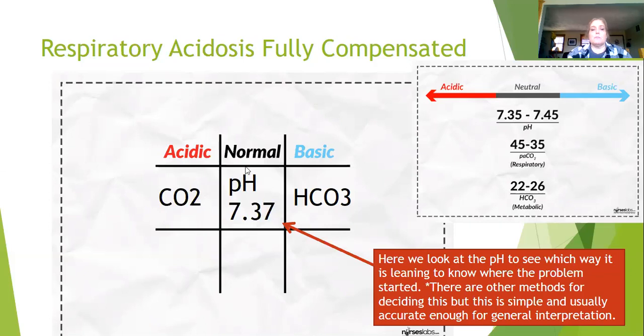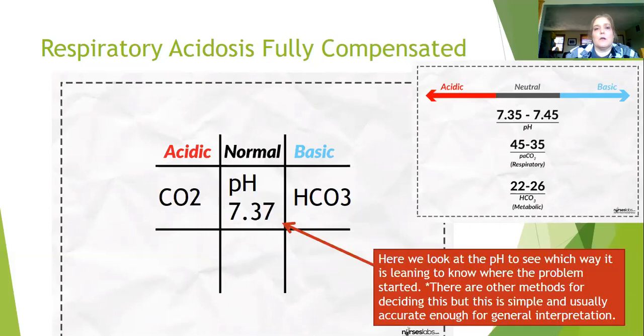So we look at this pH, and if it's less than 7.4, then we know it's leaning towards the acidic side. If it's more than 7.4, we would say it was leaning towards the basic side. So in this case, we're leaning towards the acid side, and we look to see what is in the acid column, and it is CO2.